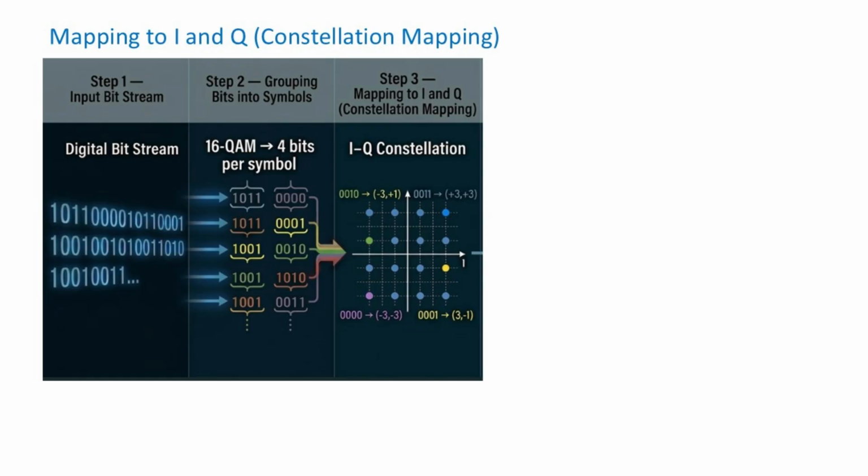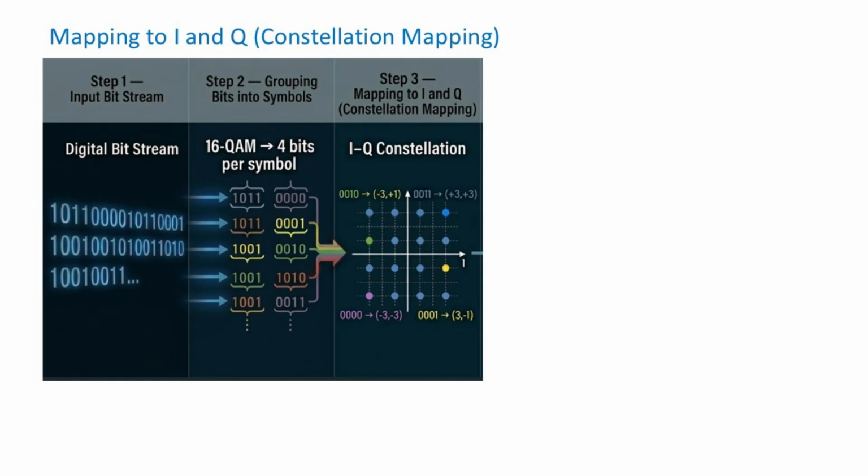At this stage, every group of bits is converted into a specific point on a 2D grid called the IQ plane. This grid is known as the constellation diagram. For example, in 16 QAM, a 4-bit symbol is mapped like this. 0000 becomes -3, -3. 0001 becomes 3, -1. 0010 becomes -3, 1.